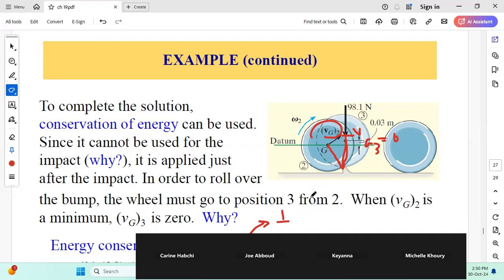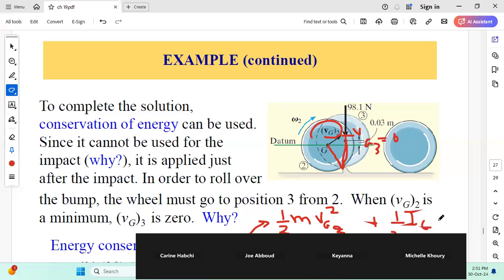So what is the general formula for kinetic energy? You can use two terms: half m Vg2 squared plus half inertia about G times omega 2 squared. Or what can you apply here because you are rotating about A?